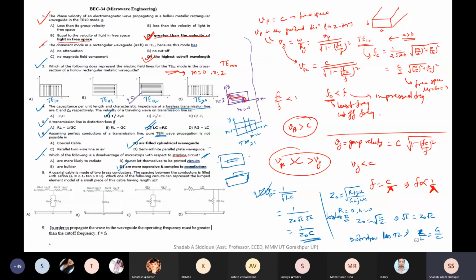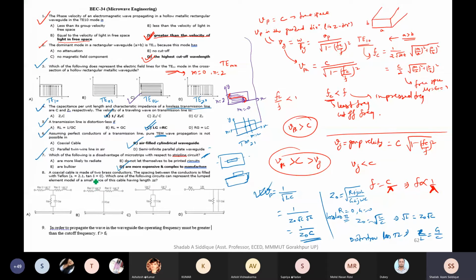Now the next question. A coaxial cable is made of two brass conductors. The spacing between the conductors is filled with Teflon, with epsilon r equal to 2.1 and tan delta equal to 0. Which of the following circuits can represent the lumped element model of a small piece of cable having length delta z?